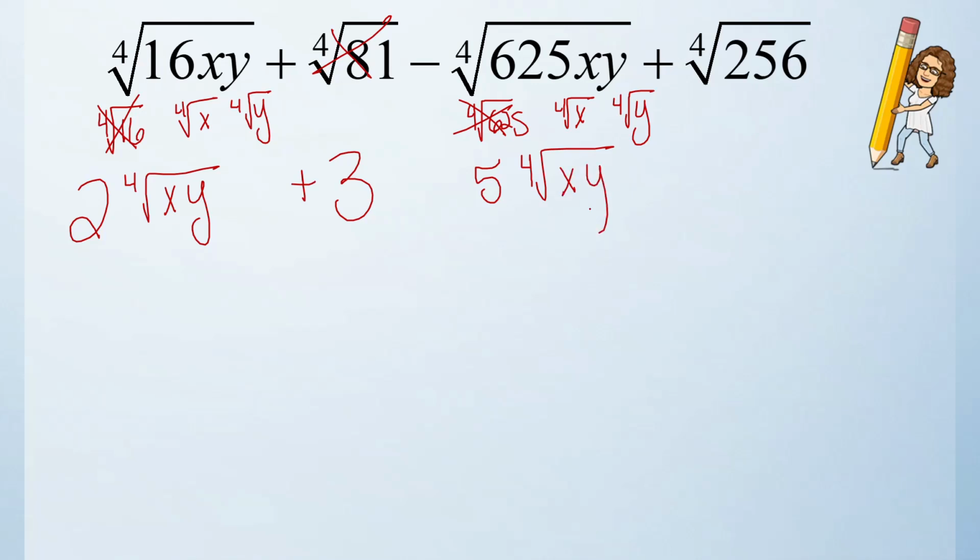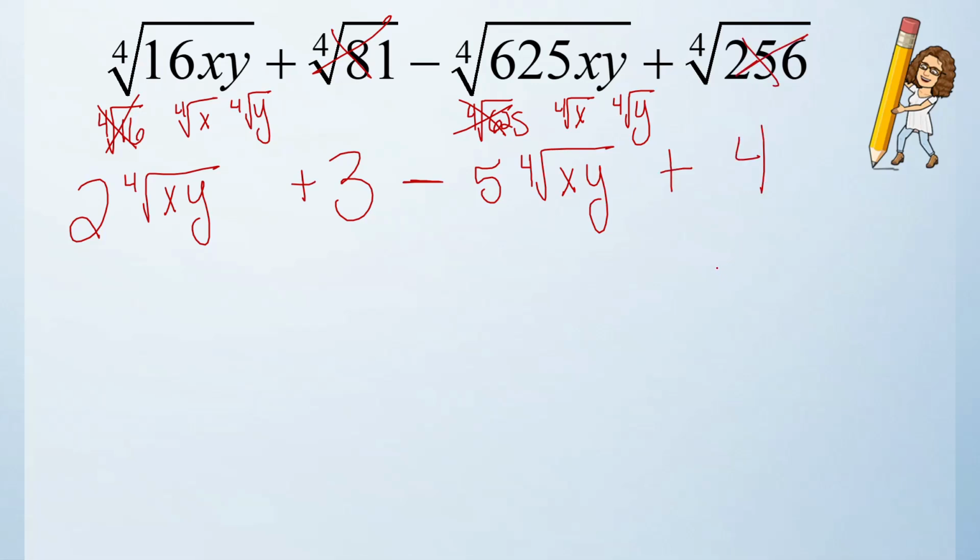Put my xy back. That's subtracting. And then 4th root of 256 is 4. Looking on my card here. Yep. So this is just a 4.